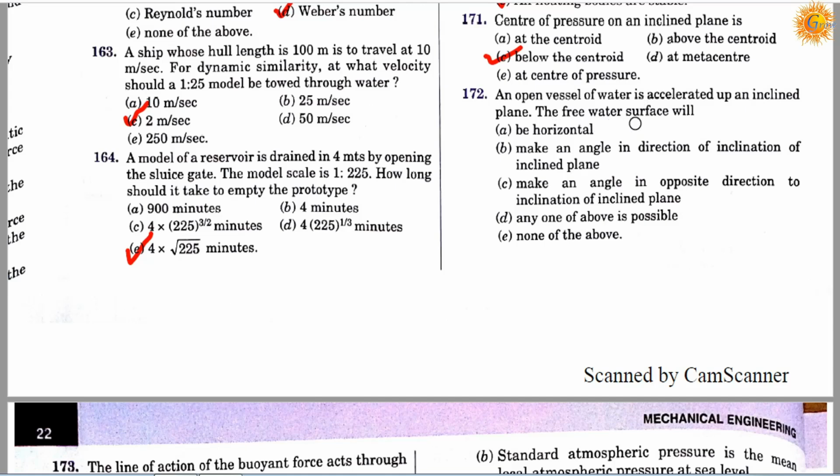The free water surface will: option A, be horizontal; option B, make an angle in the direction of inclination of the inclined plane; option C, make an angle in the opposite direction to the inclination of the inclined plane; option D, any one of the above is possible; and option E is none of the above. So the correct answer is C, make an angle in the opposite direction to the inclination of the inclined plane.